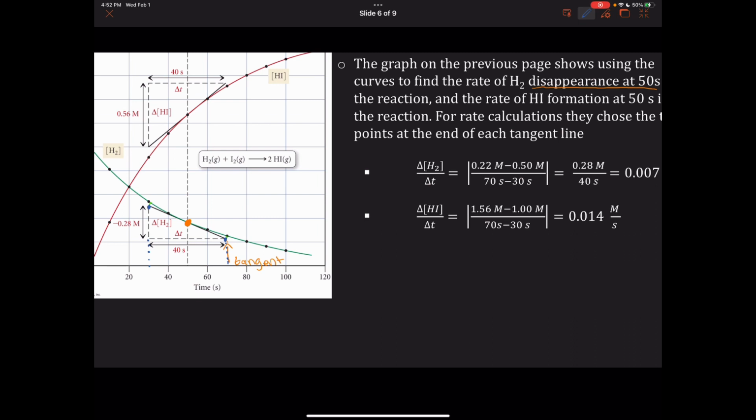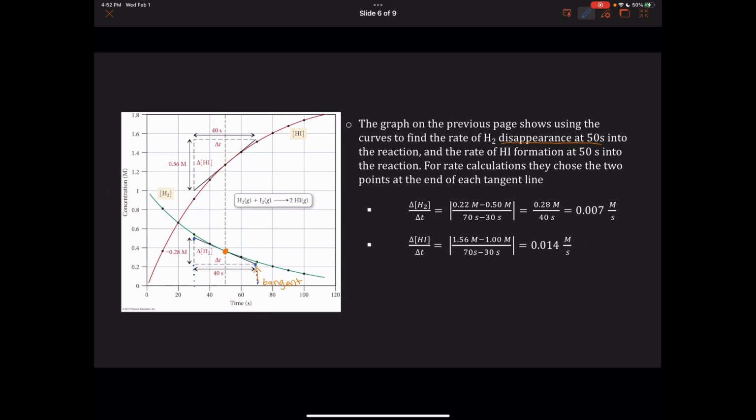So taking our change in concentration over our change in time, again, using the points on the line, that's where we're getting that 0.28 molar and our 40 seconds. Now, on the graph, they have it indicated as negative 0.28, but remember, our rates are positive, so we're taking the absolute values. So taking the absolute value of the change in concentration over the change in time gives me 0.007 molarity per second in reference to my hydrogen.